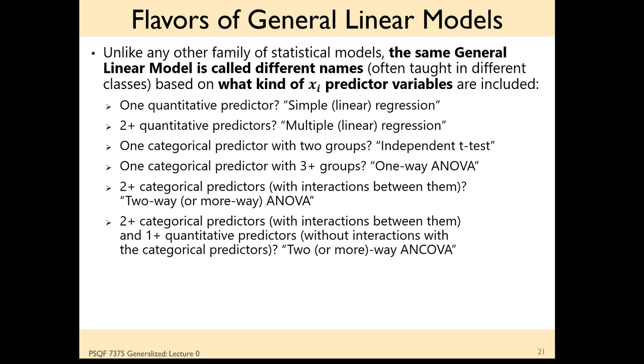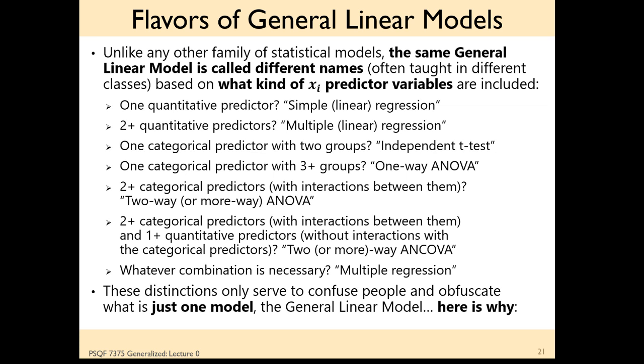And if you throw in a quantitative predictor along with your categorical predictors, but you don't let it interact with them, then it becomes analysis of covariance. So all of these words refer to different flavors of predictor models, but it's all one thing.